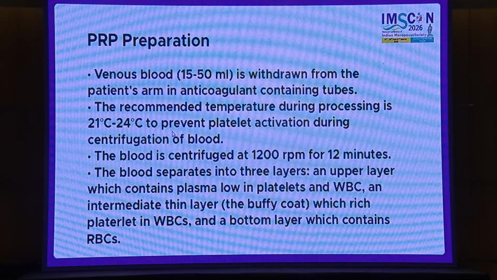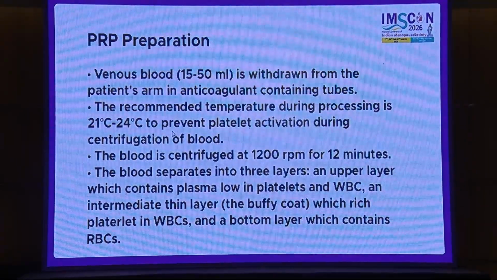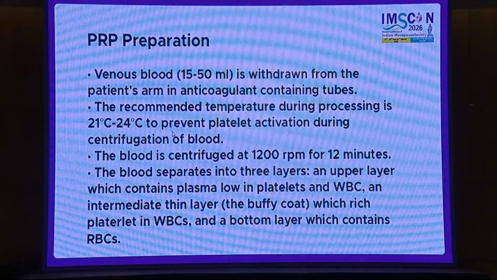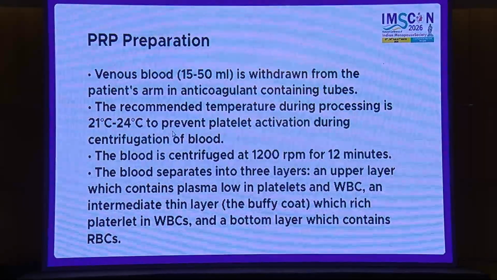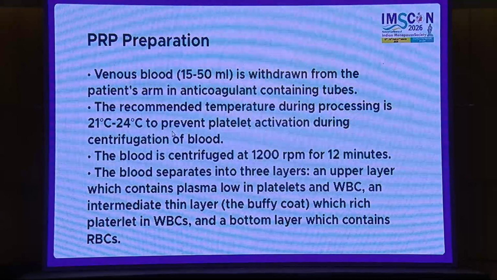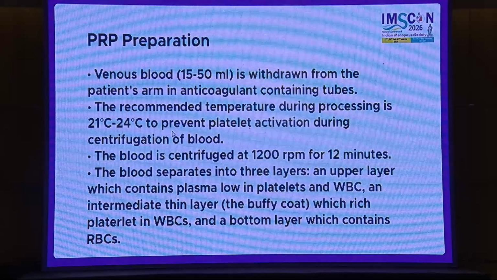How is it prepared? Venous blood, 15 to 50 ml, is withdrawn from the patient's arm into an anticoagulant tube. The recommended temperature during the process is 21 to 24 degrees centigrade to prevent platelet activation. If the activation is done beforehand, that platelet-rich plasma is of no use. Then the blood is centrifuged at 1200 rotations per minute for 12 minutes.